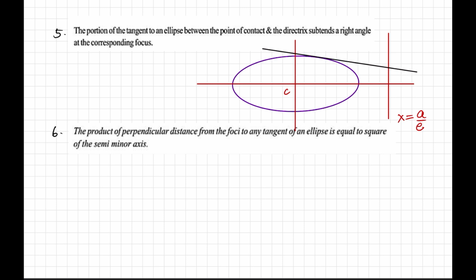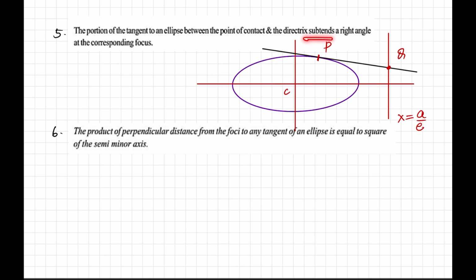so what it says, the portion of the tangent to an ellipse between the point of contact and the डायरेक्ट्रिक्स. तो ये है हमारा एक पॉइंट ऑफ कॉन्टैक्ट, लेट अस से इसको हम P बोल देते हैं. And this is a point where it is intersecting with the directrix. Let us say we call it Q. So this portion they are talking about.